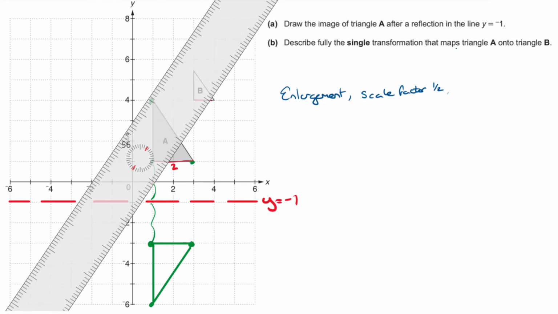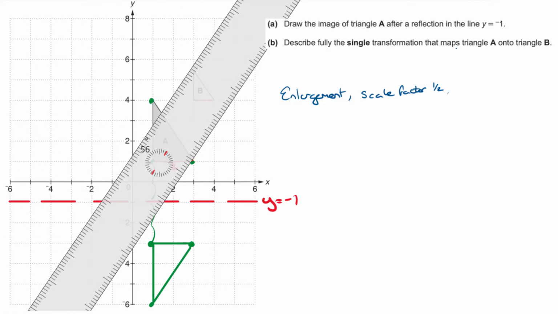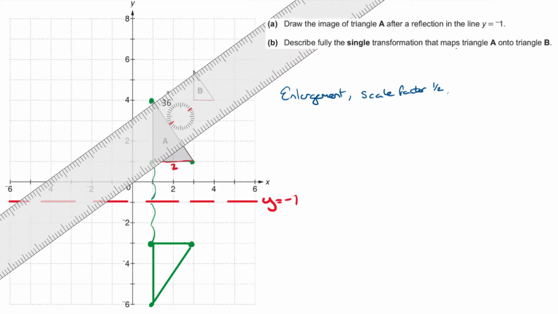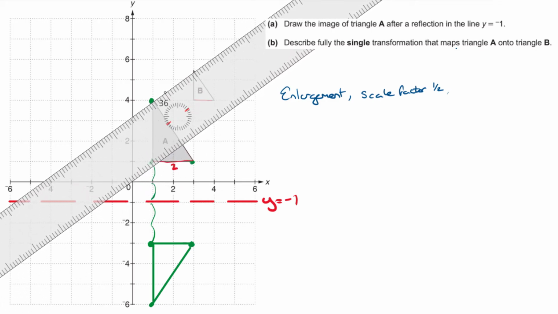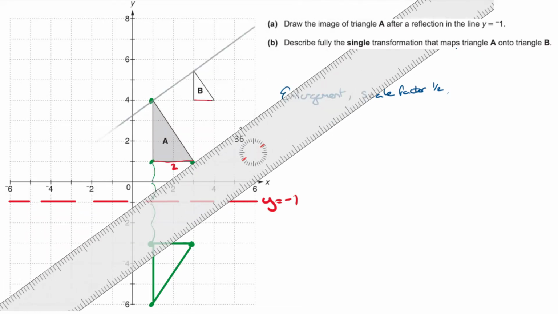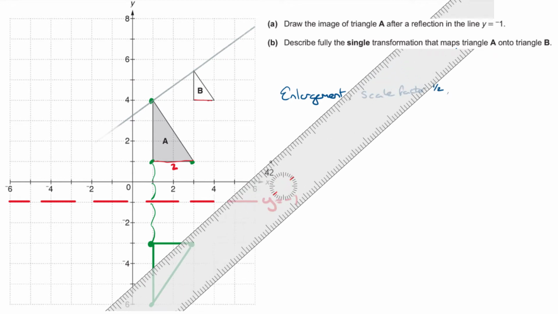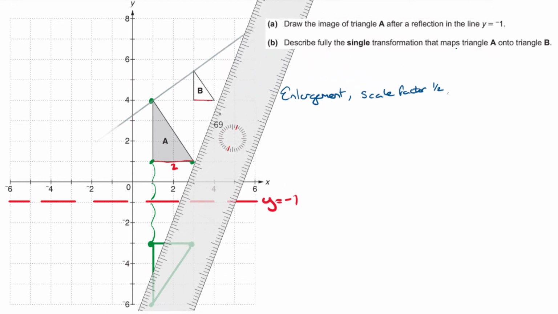And the final piece of information you need to write down is the center of enlargement. Now you can do that by just drawing some ray lines on your diagram. So I'm just going to line the ruler along matching points on my object and image. I've started with the top corner there. I'm going to draw a thin, faint line, and then I'm going to do the same with these 2 points here.